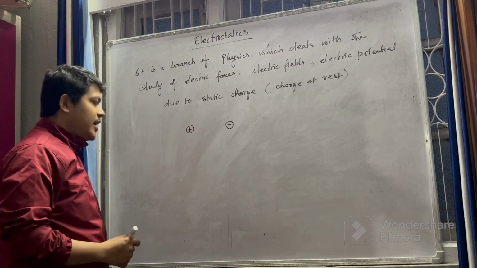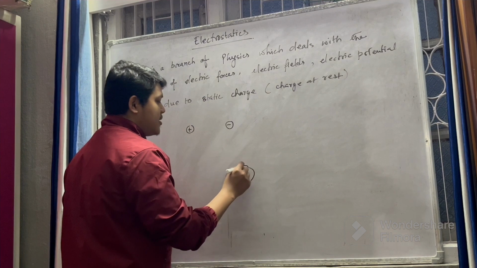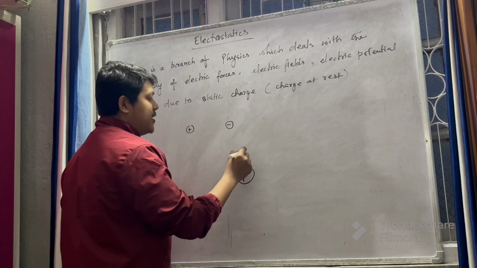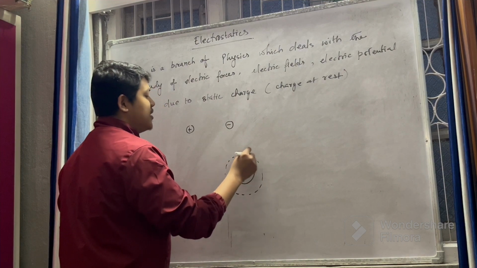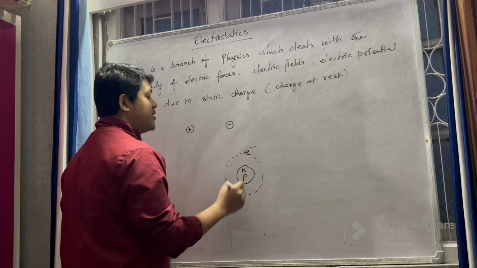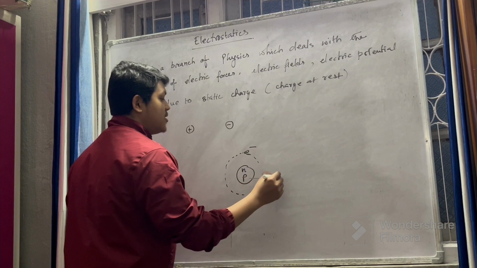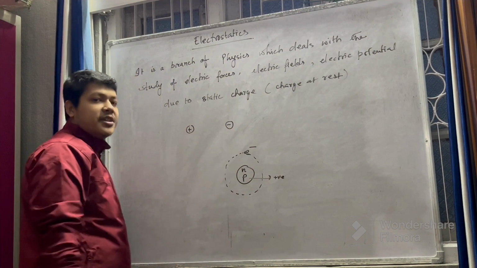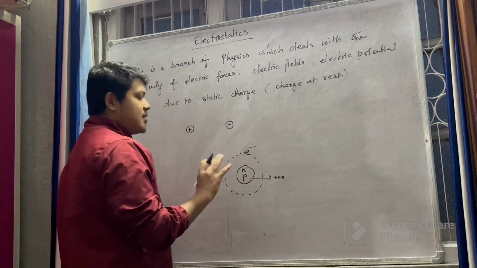In an atom, the nucleus consists of neutrons and protons, and electrons are revolving around the nucleus. Electrons are negatively charged, neutrons are neutral, but protons are positively charged. When the atom is neutral, let us take an example.